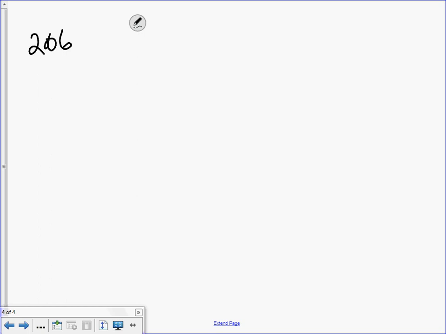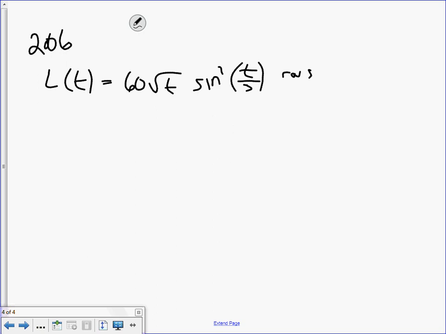All right, so they gave us the rate L of t that cars are turning left at some intersection, and the big thing is that it's measured in cars per hour. That's important. So we already did part A together, right?